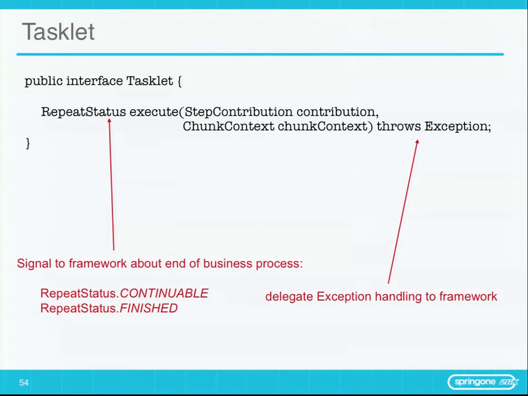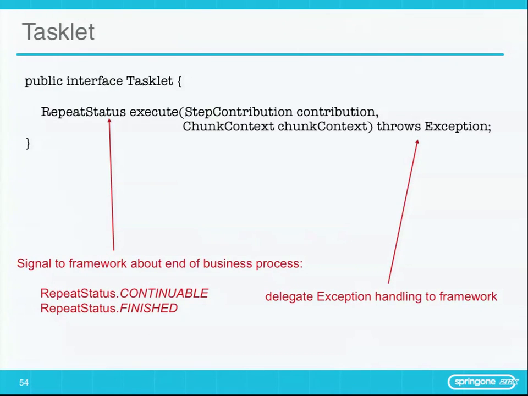So we have Tasklet, right? Tasklet is what we saw in that XML namespace. Up till now, we've specified steps in the Tasklet, but you can actually just override it. You can exert control, and you can say, no, I'll go ahead and describe the Tasklet. I want the full control. I don't want to use your idea of steps. So it becomes very easy.